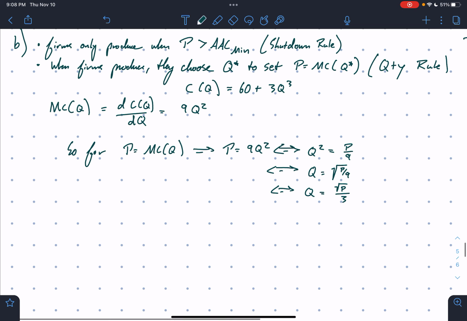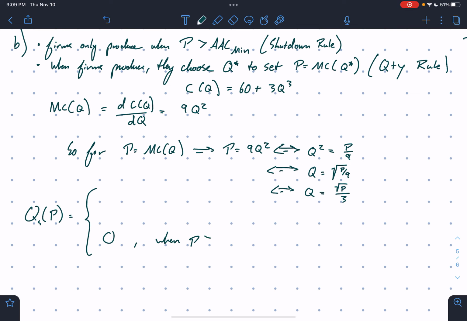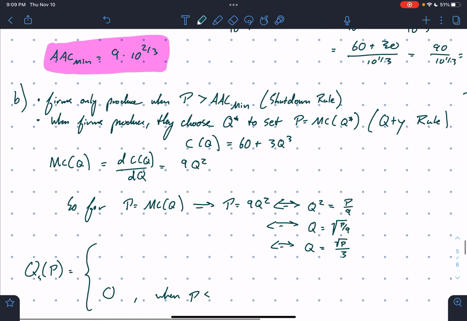We can put these two together. So we want to find the quantity supplied by an individual firm. So we'll just combine these two facts. They're going to produce 0 when the price is less than their average avoidable cost. I'll just write what their average avoidable cost was. It was 9 times 10 to the 2/3.